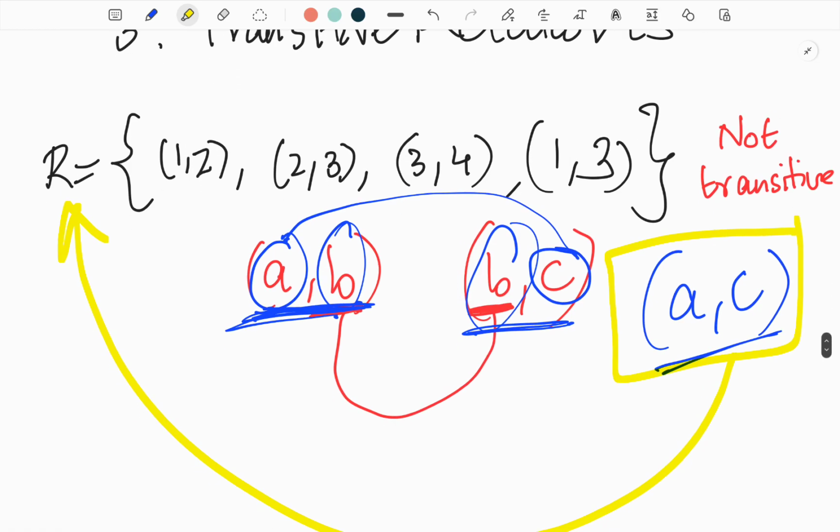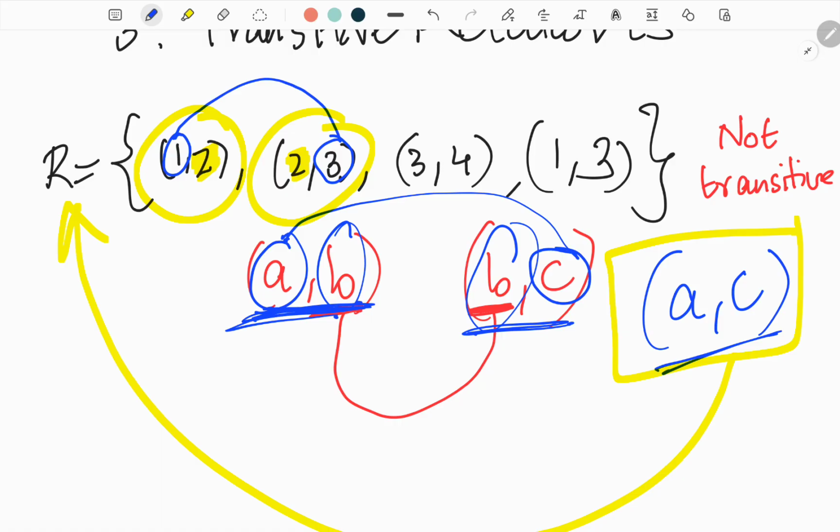So here, there is an element 2. The element 2 is an image in this ordered pair. There is another ordered pair 2, 3, where 2 is acting as a pre-image. So you have to join the pre-image of the first ordered pair and the image of the second, and you will be getting the ordered pair 1, 3. This ordered pair must exist in the relation if it is transitive, and yes, 1, 3 belongs to the relation.